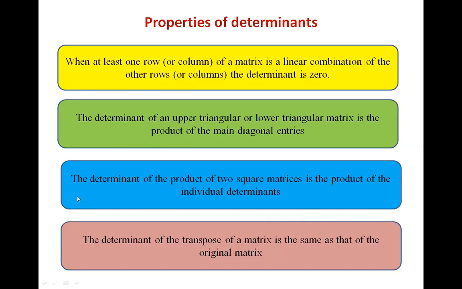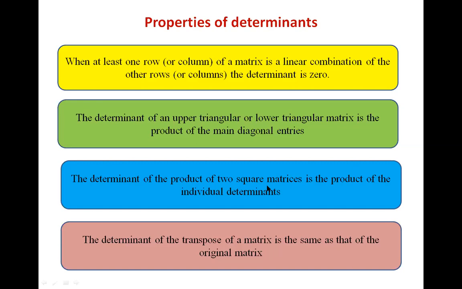Again, the next property is that the determinant of the product of two square matrices is the product of their individual determinants. You can consider two square matrices, take the determinant of each and multiply those determinants, or multiply the two square matrices and take the determinant, and you will have the same answer.